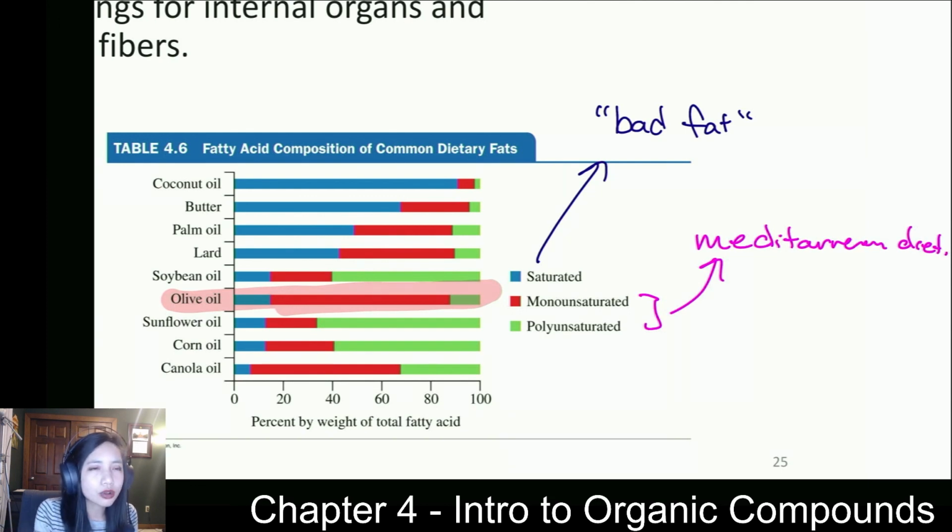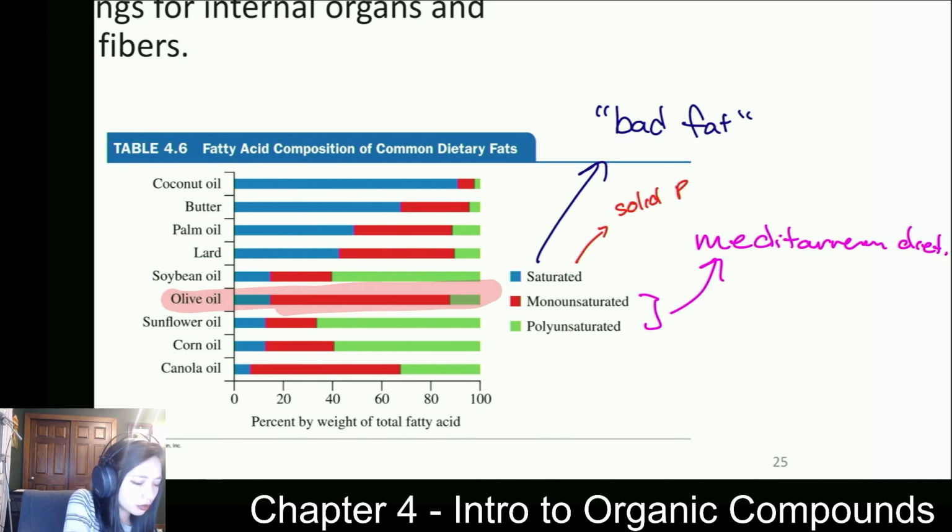Relating this back to our life, saturated fats are solids at room temperature, and you can see in these graphs that coconut oil, butter, and lard are all very high in saturated fats, and typically those ingredients are solids at room temperature, because they contain a lot of saturated fats. While mono and polyunsaturated fats, part of the Mediterranean diet, are typically liquids at room temperature.